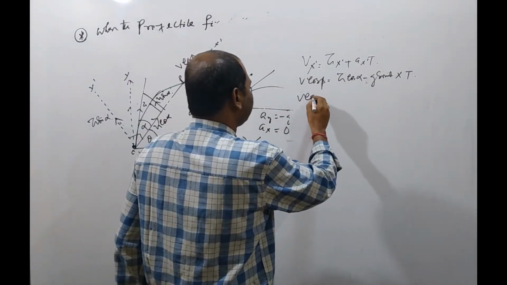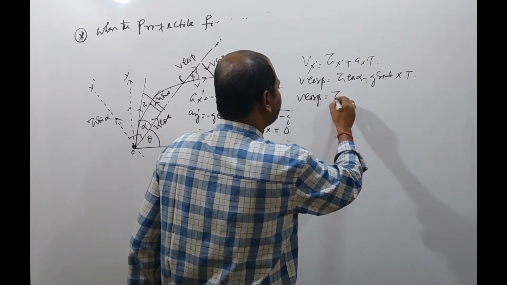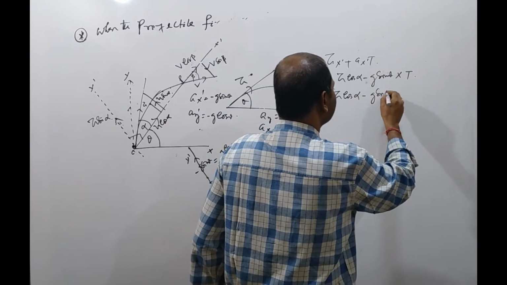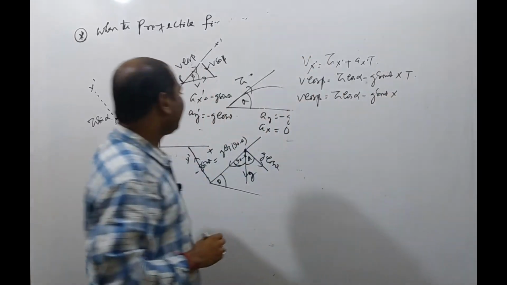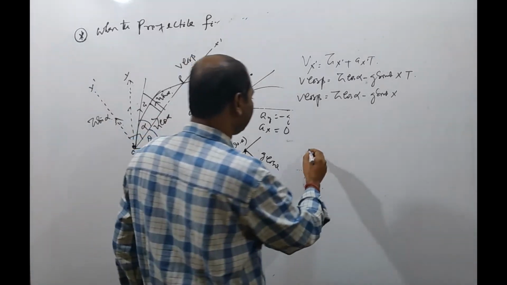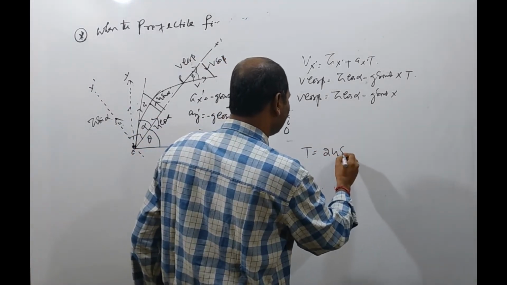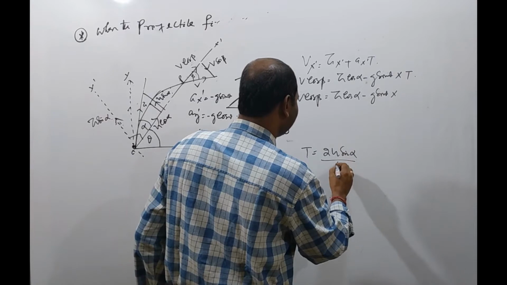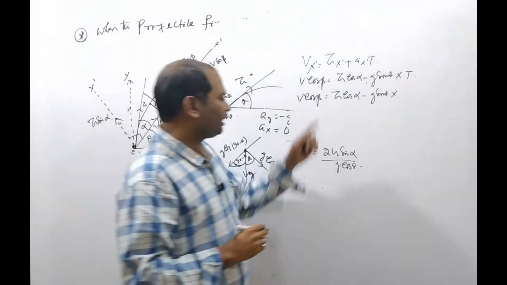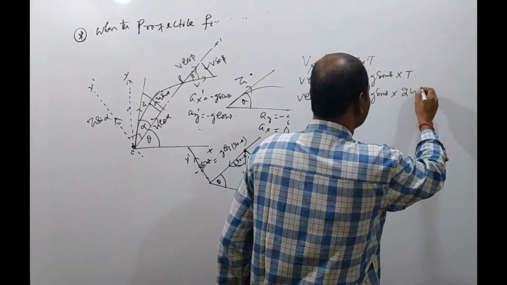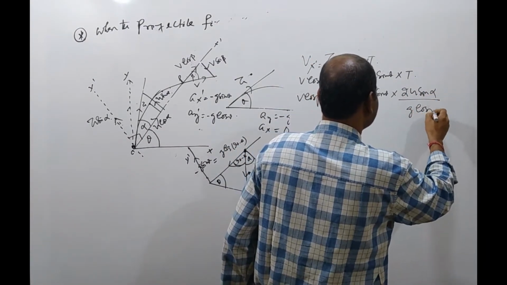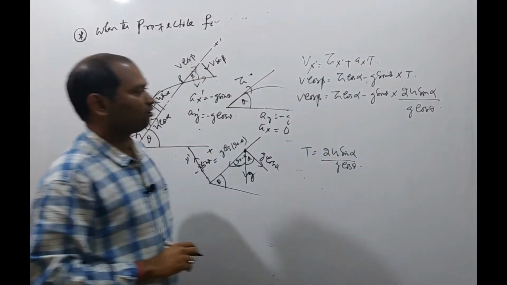And v cos beta is equal to, again I can write here, u cos alpha minus g sin theta into the total time of flight. What was the total time of flight? Total time of flight I have already derived: capital T is equal to 2u sin alpha divided by g cos theta. This expression already derived, putting here 2u sin alpha divided by g cos theta.